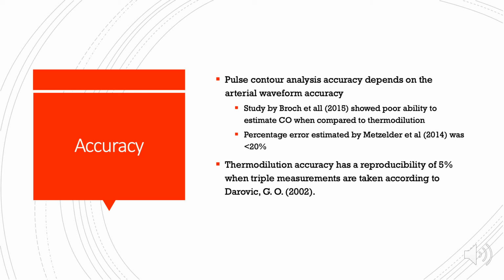The thermodilution accuracy, according to Darvok 2002, had a reproducibility of 5% when triple measurements were taken. So overall, I think the thermodilution has better accuracy, and the accuracy is less affected by fewer things than the pulse contour analysis.